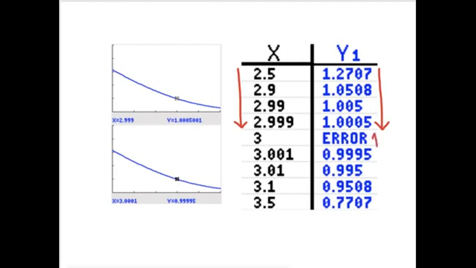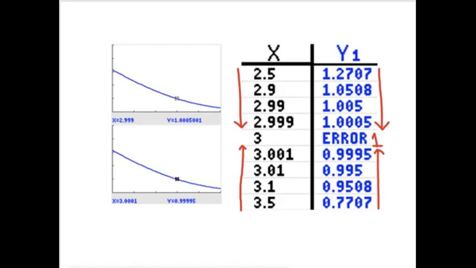If you could take a guess of what's in here, that would be 1. And if we move from the right of x towards 3, you can see that the y values again are approaching 1. 0.9995 is very close to 1, as is 1.0005. And we can make these x values as close to 3 as we want to.